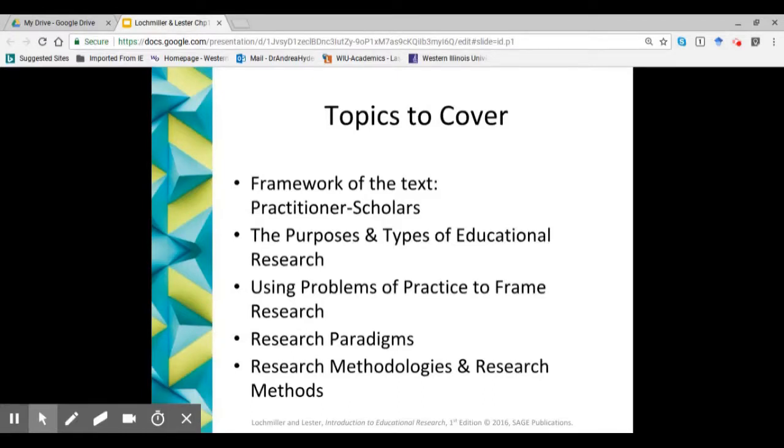They briefly go over some research paradigms and research methodologies, and you'll get more of each of those on the qualitative side in EDS 504, qualitative research, and in EDS 503, which is our quantitative research class.